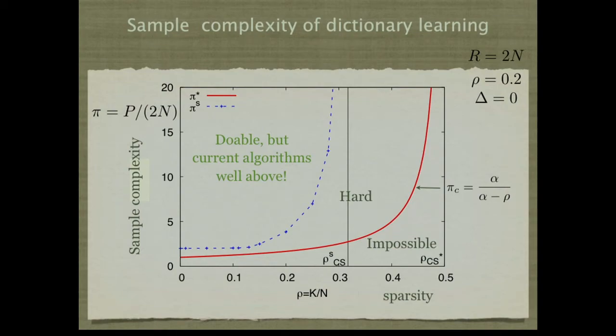Admittedly, these existing results use much weaker conditions on what the dictionary could be. Here we really had it IID random. But showing that for an IID random dictionary this is actually the information theoretic transition is one open question that maybe should not be so hard.